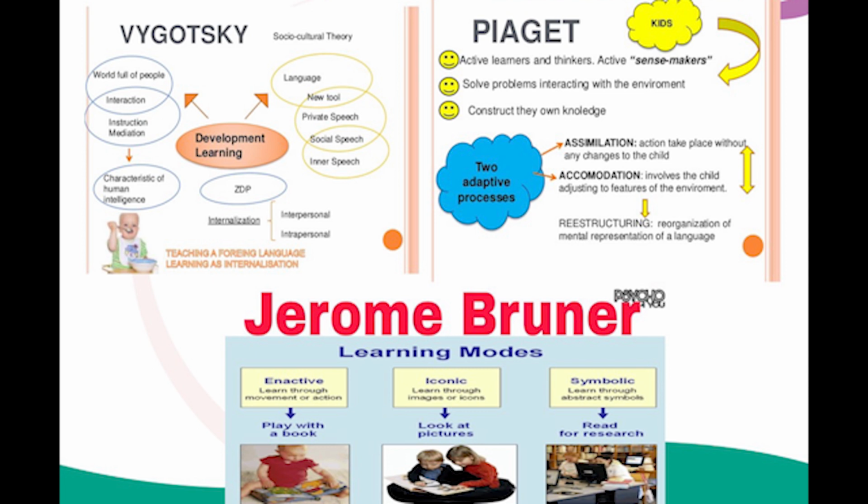This slide provides an overview of the three key theorists: Vygotsky, Piaget, and Jerome Bruner. These are the three key theorists that we are going to focus on in mathematics for foundation phase teaching. This slide will provide you with key ideas, principles, concepts related to each of these theorists.